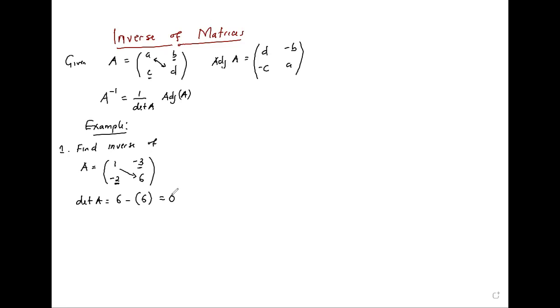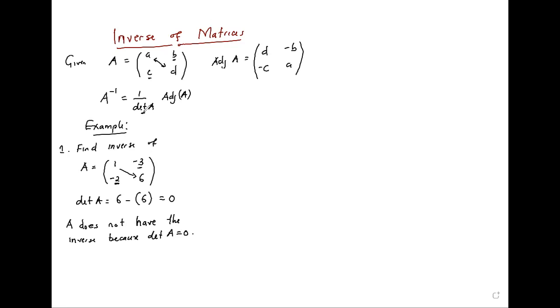So if the determinant is 0, then you say A does not have the inverse, because the determinant of A is equal to 0. It should not be 0, so I'll be able to divide here. Otherwise, you have undefined there.